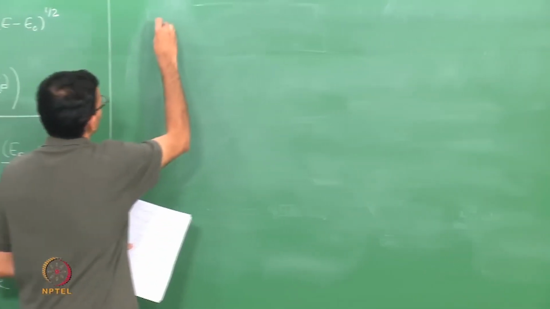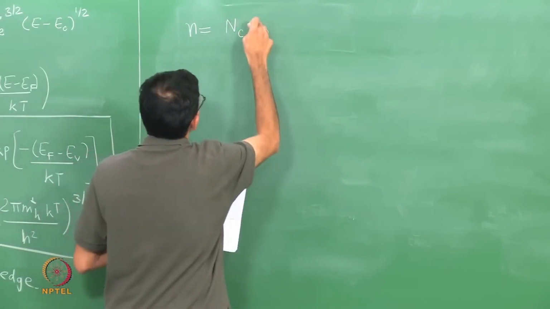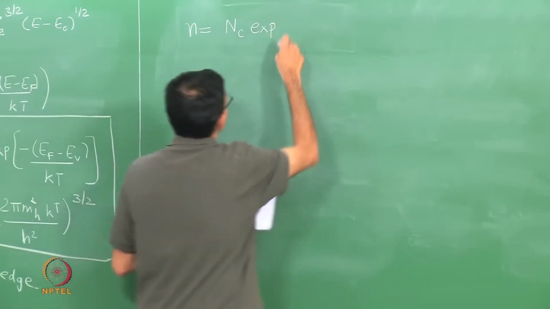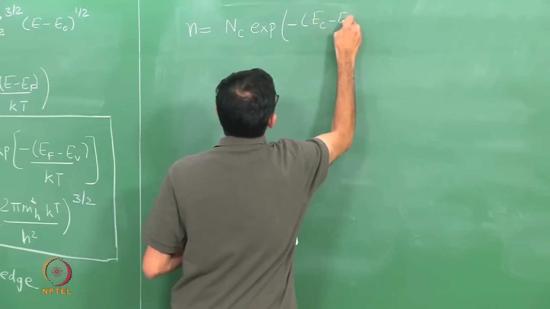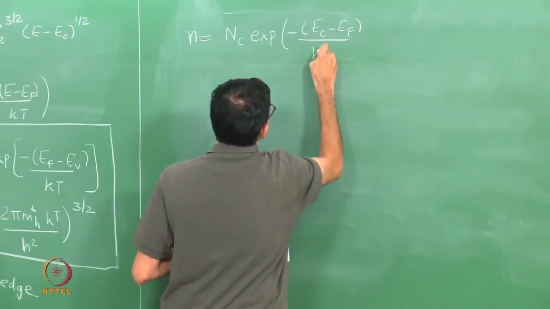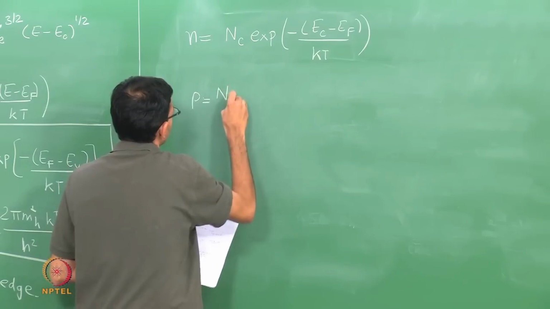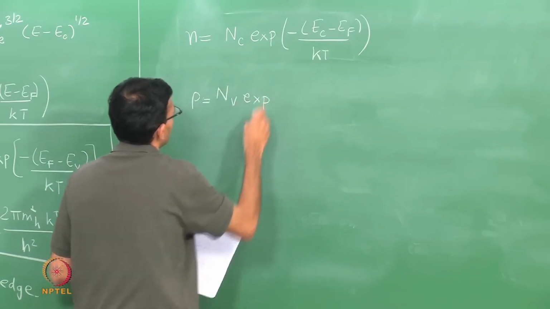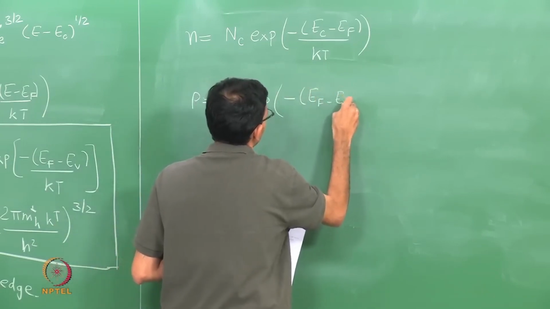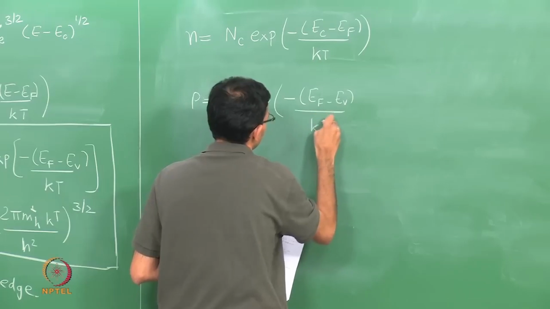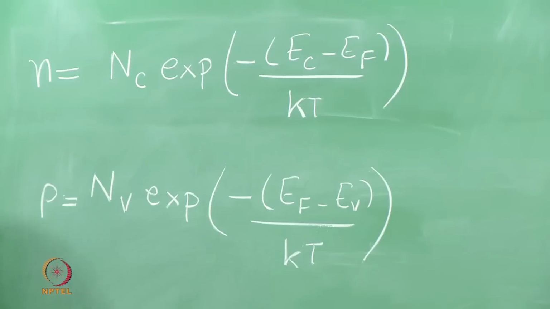Let me just rewrite those two expressions. n is Nc exponential of minus (Ec minus Ef) over kT, and p is Nv exponential of minus (Ef minus Ev) over kT. We can mark the position of Ec and Ev in the band diagram.